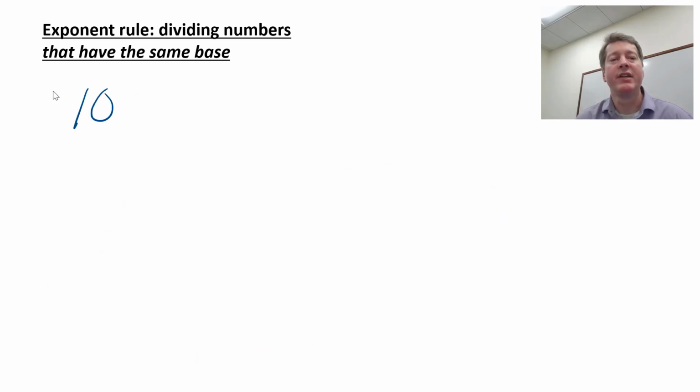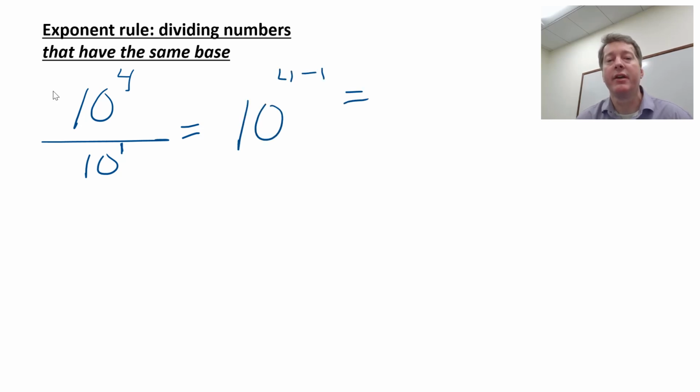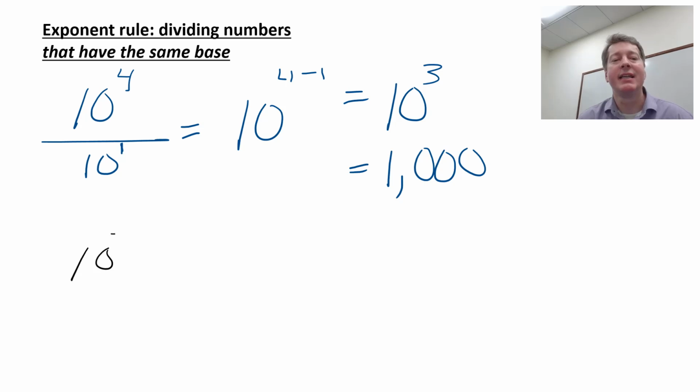Suppose I had 10 to the 4th divided by 10. Same rule, you subtract the exponents, because 10 is the same as 10 to the 1. So this is 10 to the 4 minus 1. This is 10 cubed. This is what? This is 1,000. Suppose I had 10 to the negative 2 divided by 10 to the negative 4.